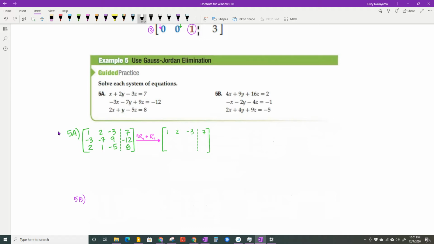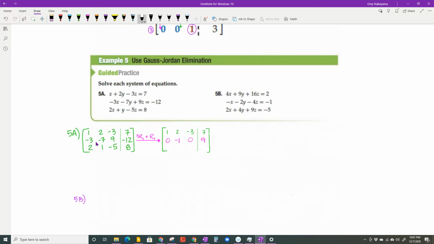So I'm going to think 3 times this number plus that. 3 times 1 plus -3 is 0. 3 times 2 is 6 plus -7 is -1. 3 times -3 is -9 plus 9 is 0. And 3 times 7 is 21, 21 plus -12 is 9.